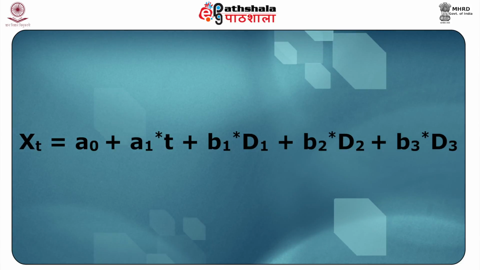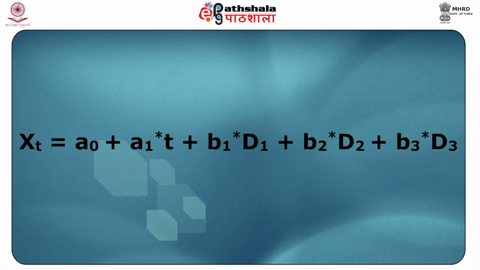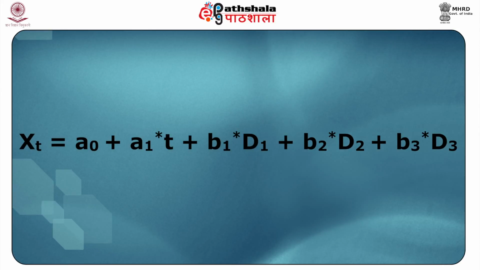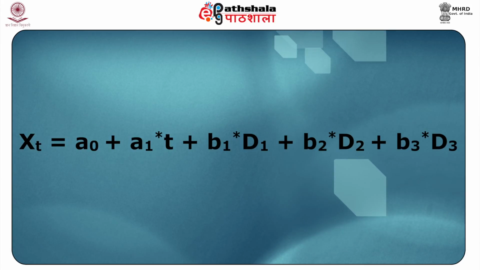This requires estimating an equation containing 3 dummy variables, that is, one less than the number of periods in the cycle.